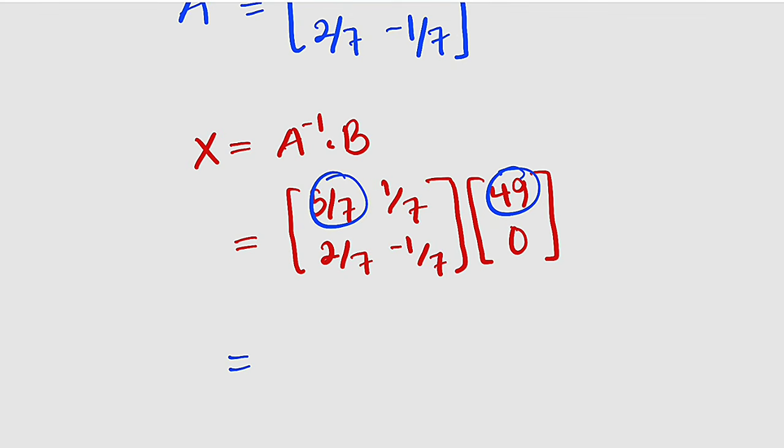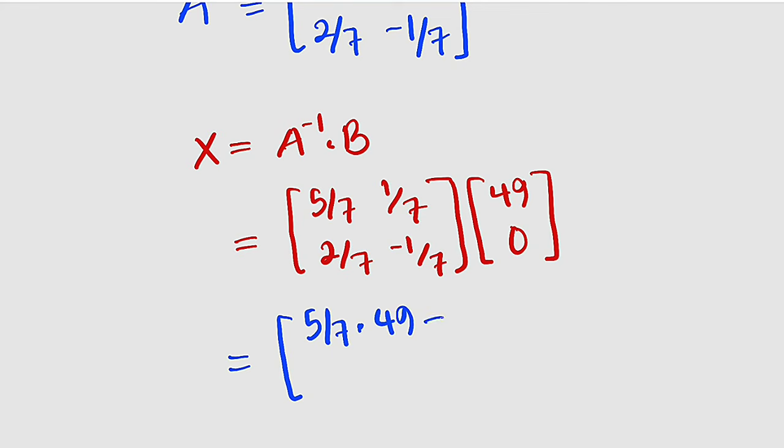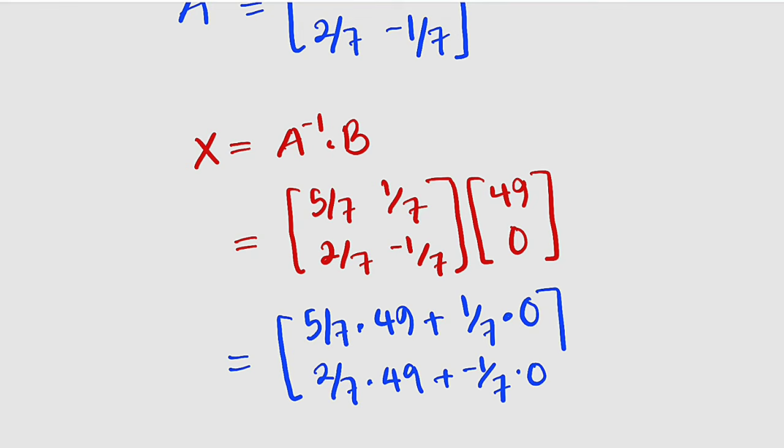All right, that is the first row element. We have 5 over 7 multiplied by 49 plus 1 over 7 multiplied by 0. Then you do the same thing here, that is 2 over 7 multiplied by 49 plus negative 1 over 7 multiplied by 0.